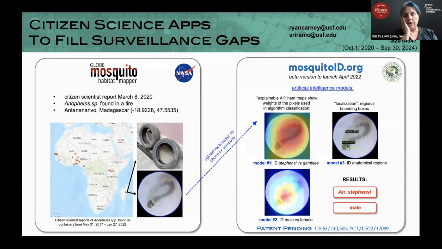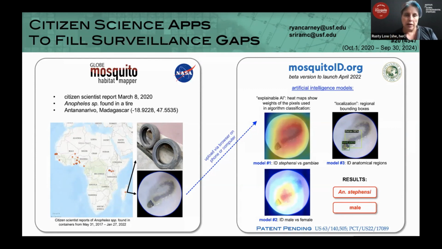Well, this very dangerous new invasive comes, like I said, from Asia, but it has a very different behavior. It also oviposits, that means it dumps its eggs, into containers like tires. So when I found an Anopheles mosquito in a tire, I thought, wow, we should see if this is in fact an Anopheles stephensii.